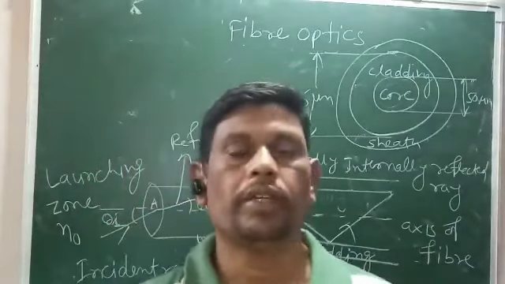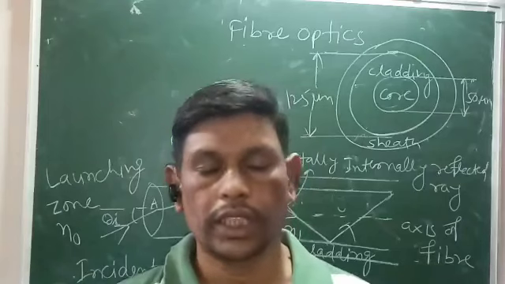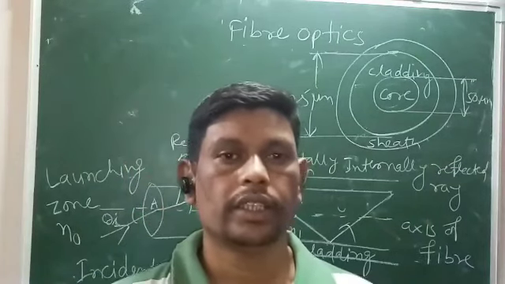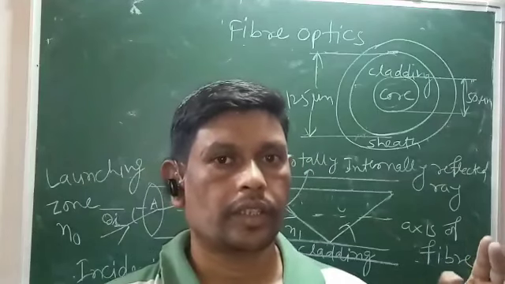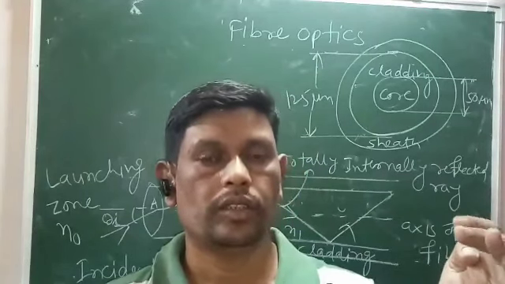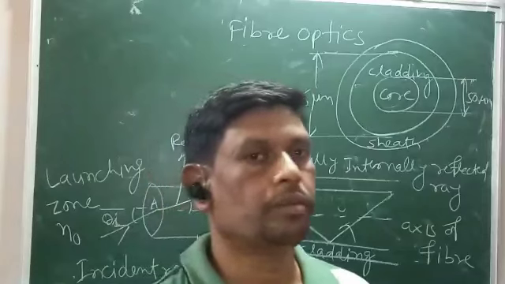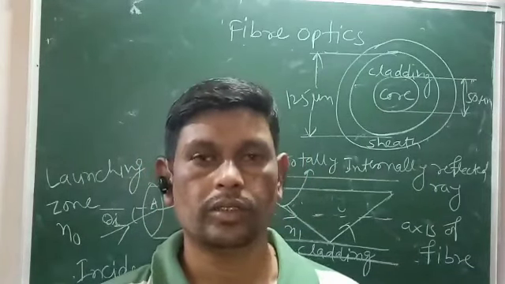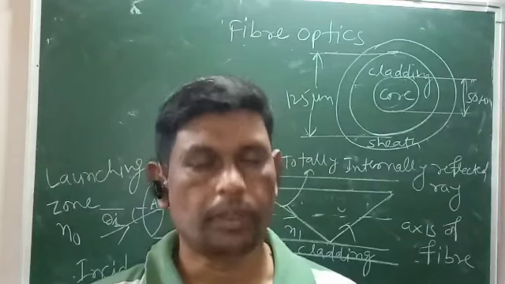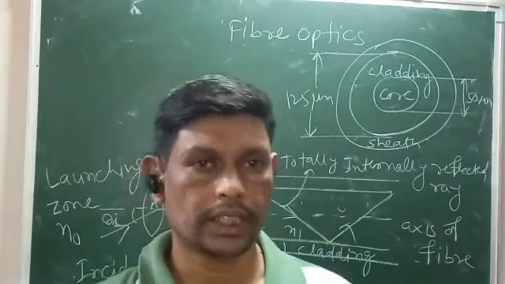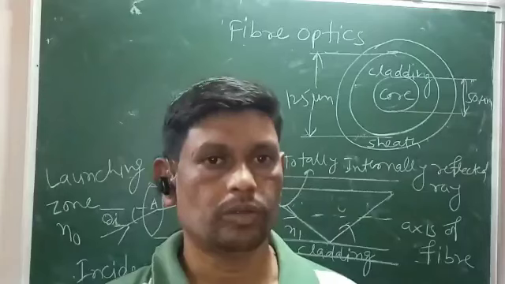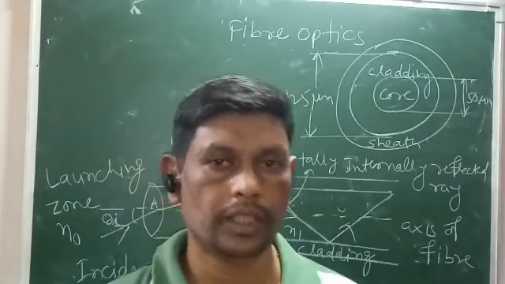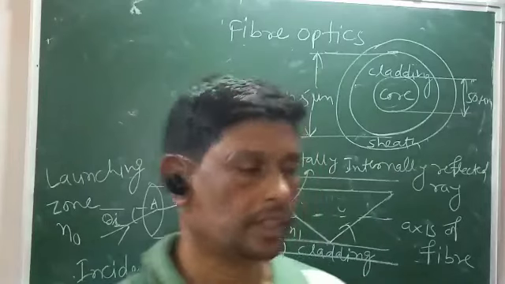The principle of fiber optics depends on total internal reflection, and the optical path of the light along the fiber is zigzag. So in the principle of fiber optics, we can discuss how the light is accepted by the fiber and how it is transmitted along the axis of the fiber.